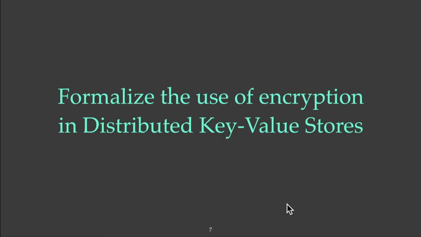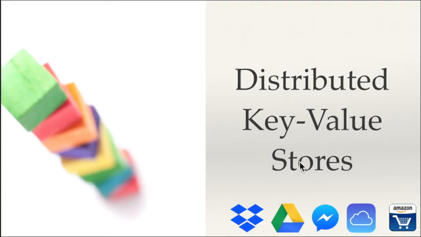So in this talk, I'll talk about how we can formalize the use of encryption in distributed key value stores. And it turns out that most of the systems that I talked about earlier, the storage systems like Amazon's Cart or Google Drive or Dropbox, use distributed key value stores as their building block.